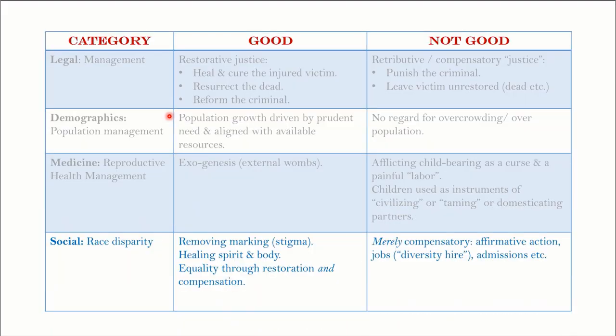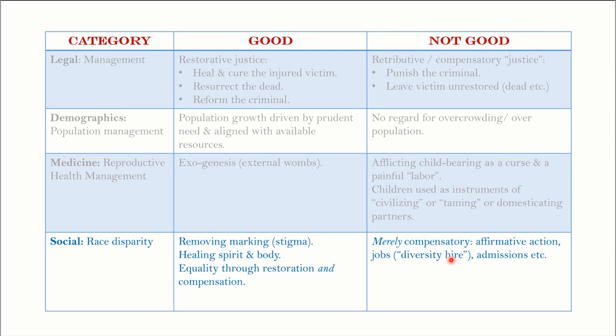Next, as previously noted, one too many people have historically engaged in race harm, and as a result, we have ameliorative, palliative measures like affirmative action, diversity hiring, quota systems, and admissions.